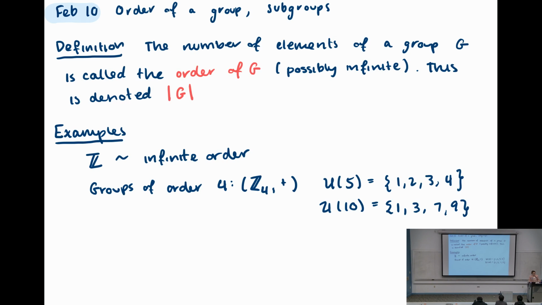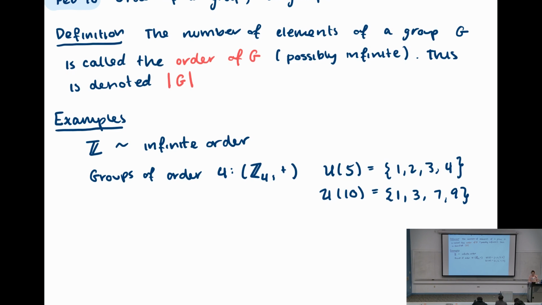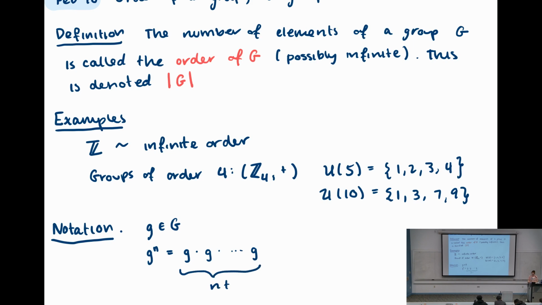Okay, so that was about the order of a group. And let me just introduce a little bit of notation. Okay, so if g is an element of a group, then we'll write g^n to mean multiplying g by itself n times. And this is an unambiguous thing to write because by the associative property, it doesn't matter what order we do these multiplications in.